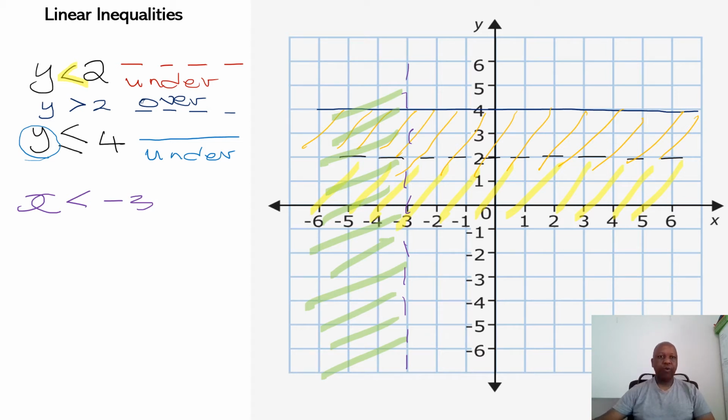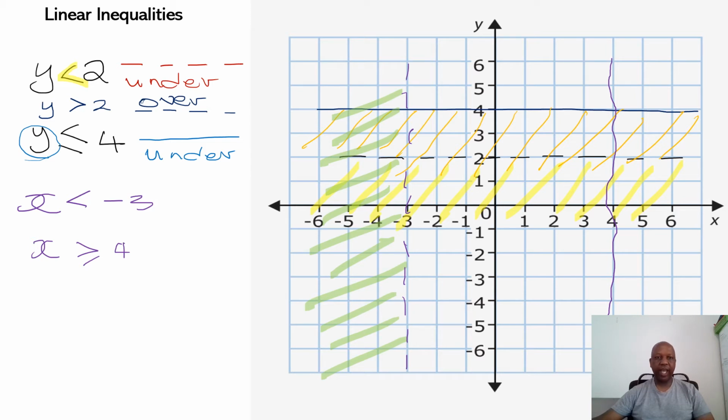Okay, and likewise, let's suppose we had x is greater than or equal to 4. So again, we would draw a solid line this time because there's an equals to, a solid line going across the point 4, and we are looking for the region to the right of 4.